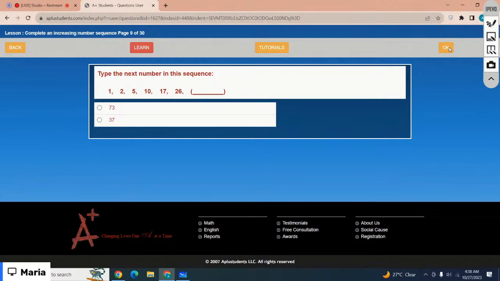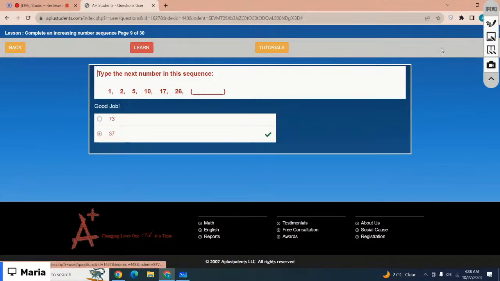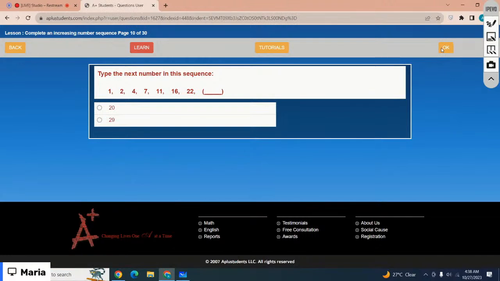Yes, that is 37. 37 it is. Okay, what is the next number in the sequence? So which is the next one? That is 29.